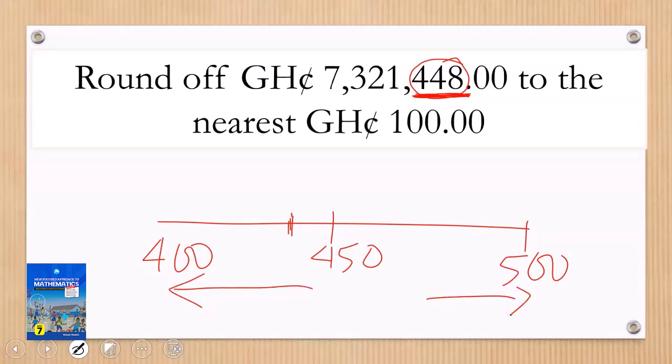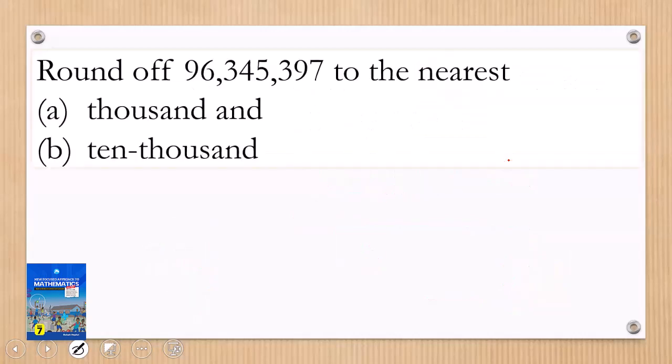And so rounding this number to the nearest 100 will be called 7,321,400. It won't be 500, it will be 400.